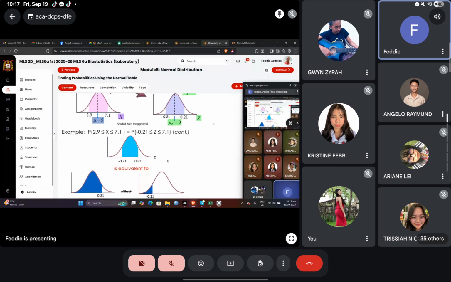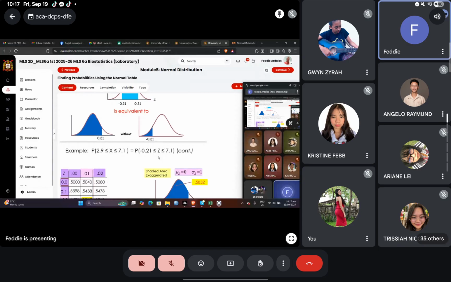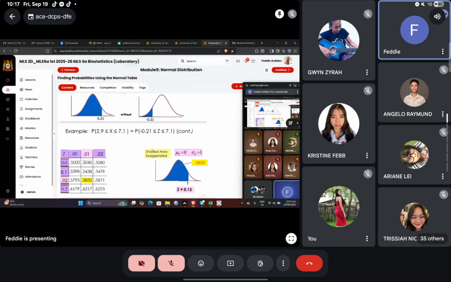The area to the left of positive 0.21 is approximately 0.5832.